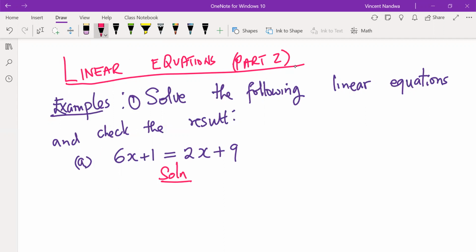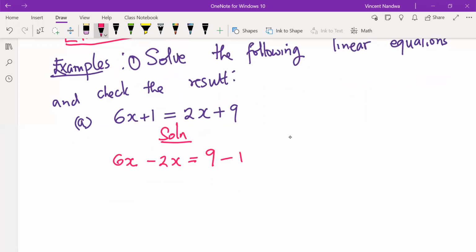So solution is 6x. Now 2x, when you cross the equal sign, becomes minus, equals to, right hand side will have 9, and then take positive 1 to the right hand side, so we'll have negative 1. So 6x minus 2x is 4x, 9 minus 1 is 8.